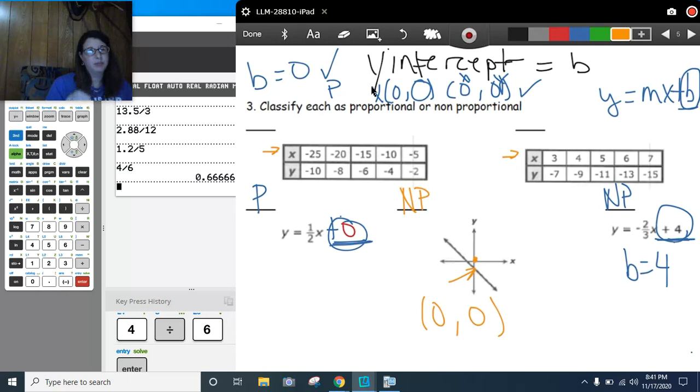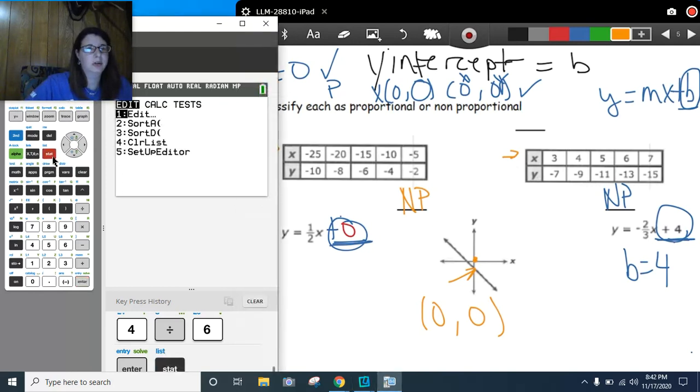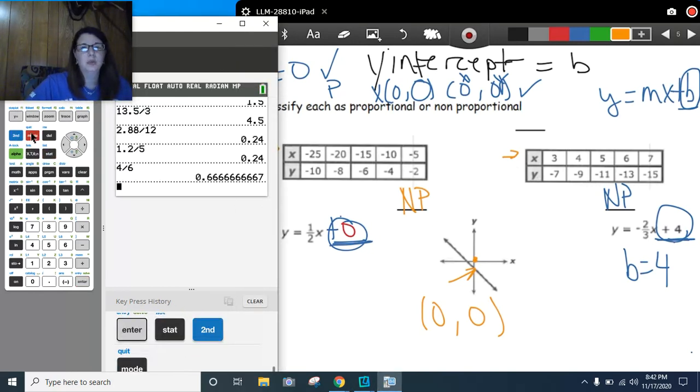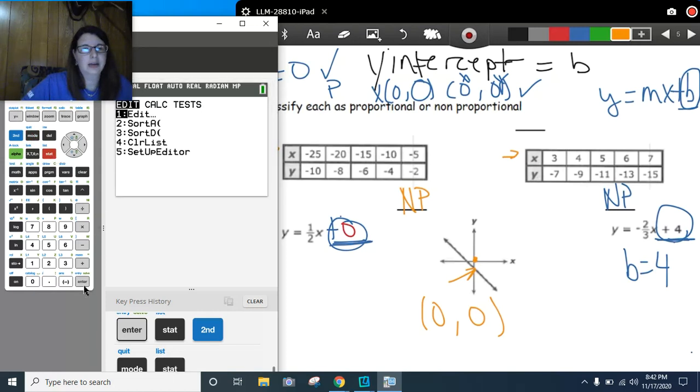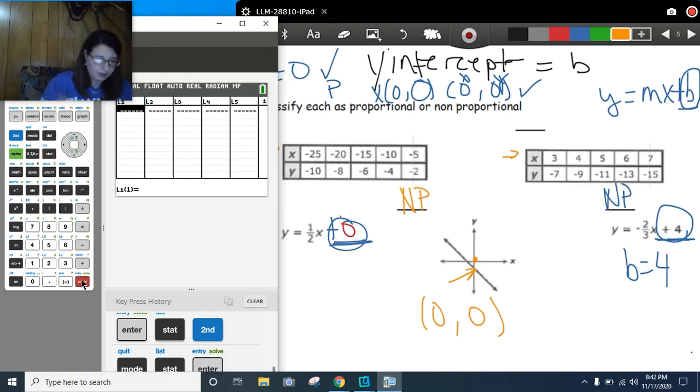So I'm going to have to put these into my calculator and use stat edit to figure out which one is proportional or not proportional, or if they're both proportional or not proportional. So you hit the button stat, and we're on edit, so I'm going to hit enter. And I'm only going to enter 2 numbers.